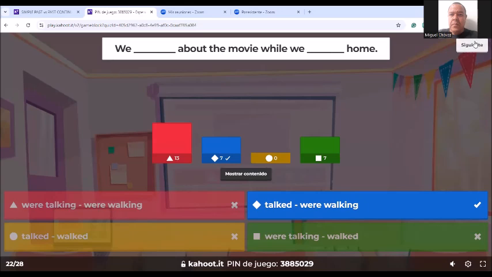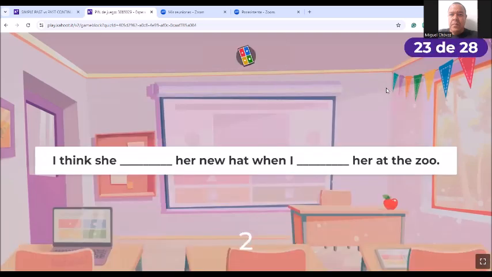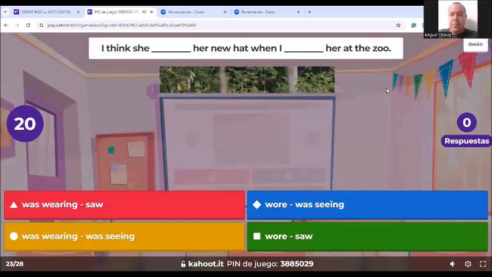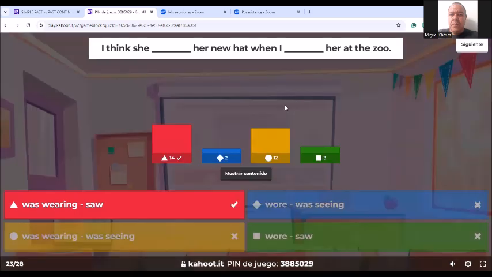Okay, only 7 people were right. I think she was wearing her new hat when I saw her at the zoo.